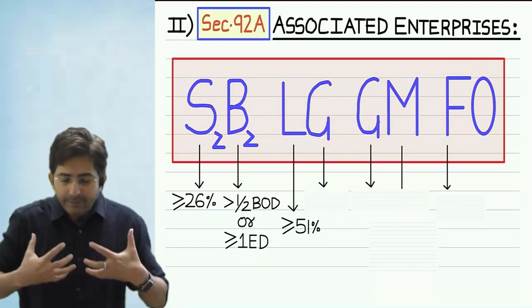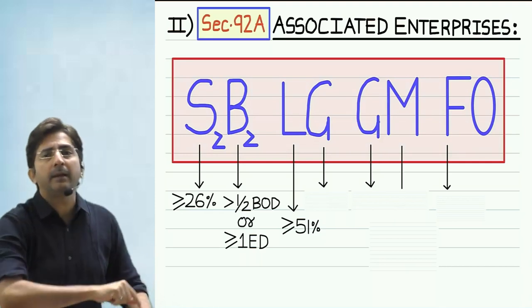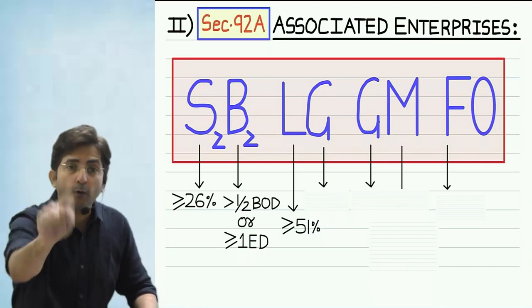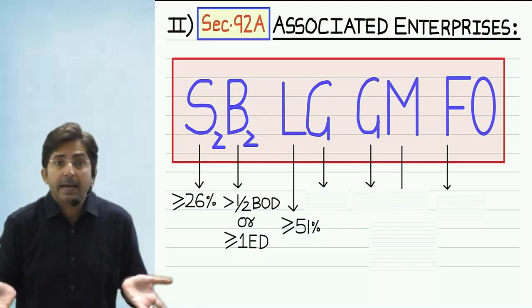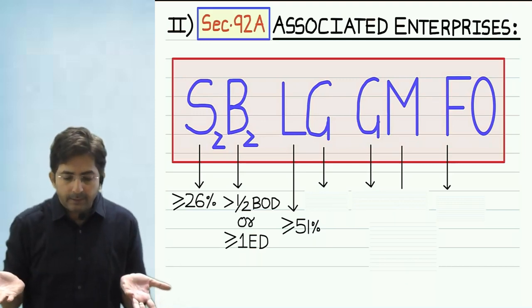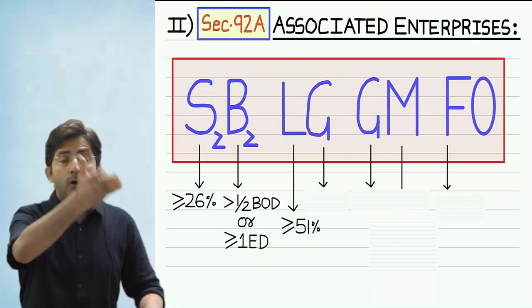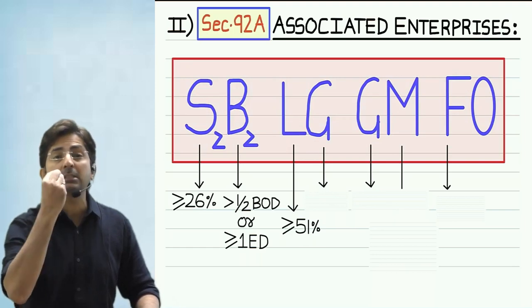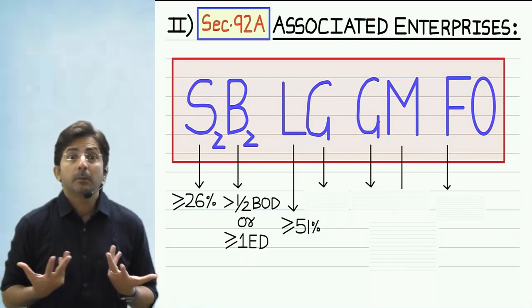Because giving guarantee means what? In case you default in the payment, I will have to pay from my pocket because I have guaranteed. So giving guarantee is not a small thing. And especially out of your total borrowings, at least 10% borrowings are guaranteed by me. It is a big thing.